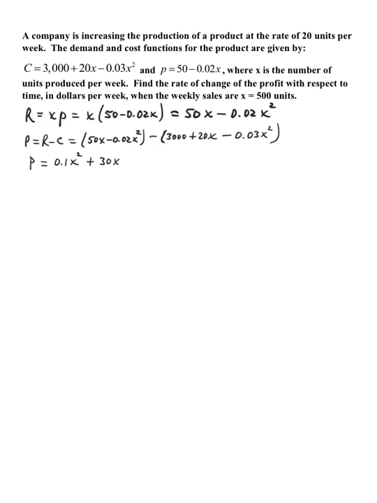And then the only constant is in the second set of parentheses. Distributing the negative gives you a negative 3,000.